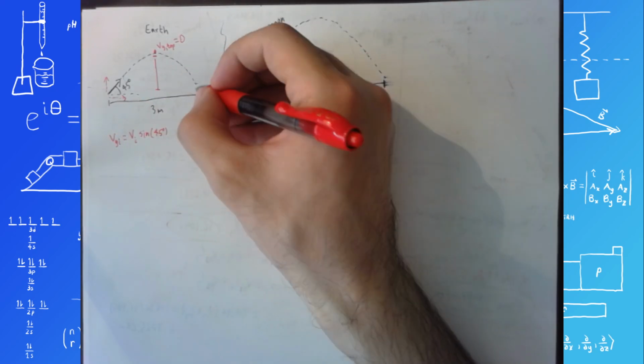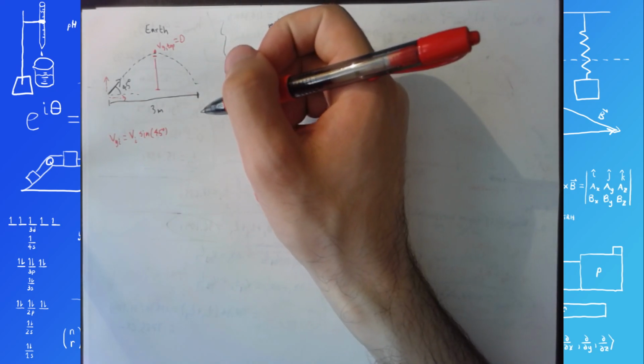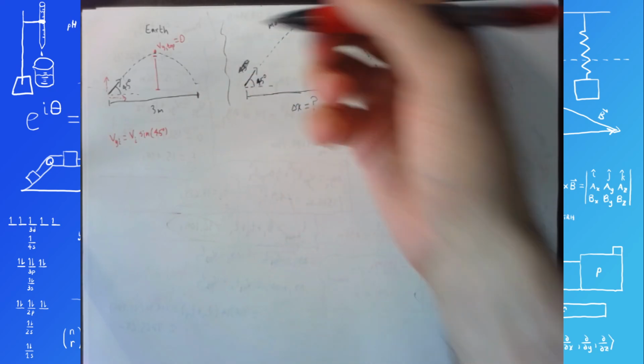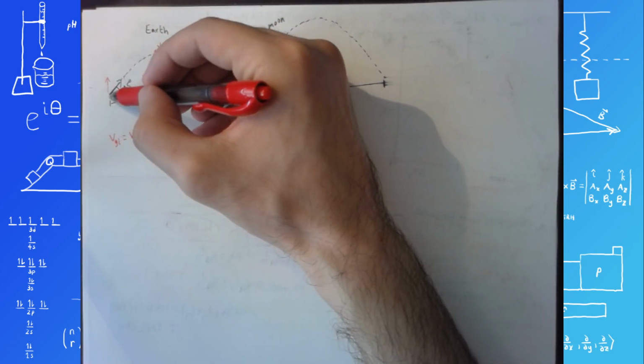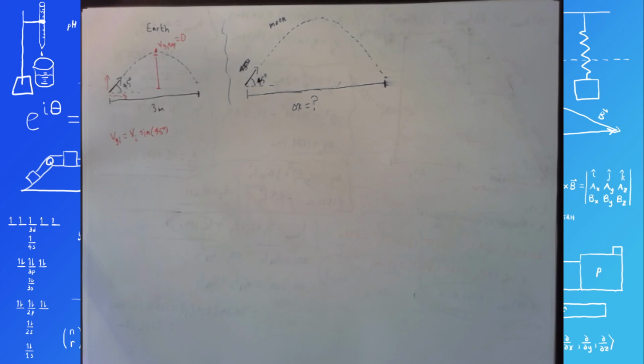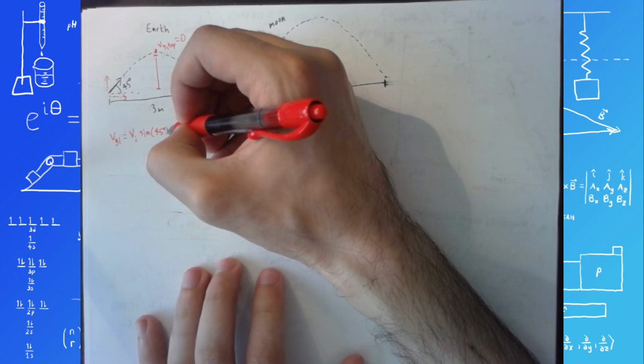Actually, couldn't I just use the second equation? Let me think here for a minute. If I were to use the second equation from start to finish, delta y would be 0 there. No, I don't have enough information for that. Okay, so Vy initial equals V initial sine of 45 degrees.